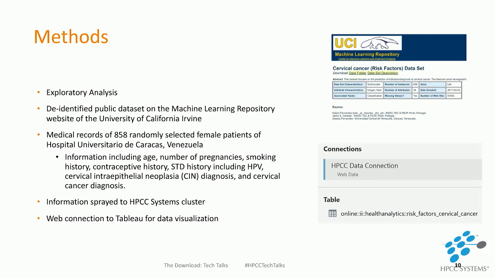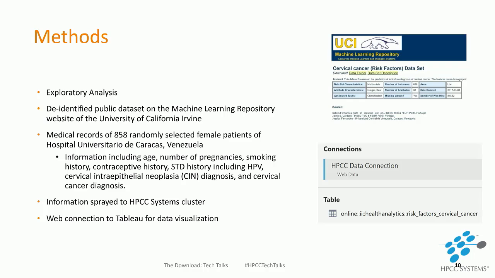A data set containing the identified medical records of 858 randomly selected female patients who attended the GYN service of a hospital in Venezuela between 2012 and 2013 was explored. This data set is publicly available on the Machine Learning Repository website.